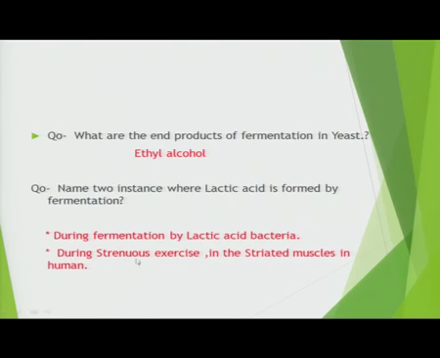Second, during strenuous or vigorous exercise, when sufficient oxygen is not obtained by the organism, so the static muscles accumulate lactic acid. So these are the two instances where lactic acid is formed: one is the formation of curd, and the second is vigorous exercise, where lactic acid accumulates inside the muscle cells.